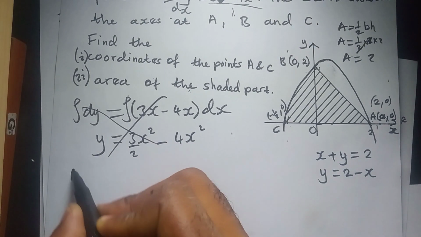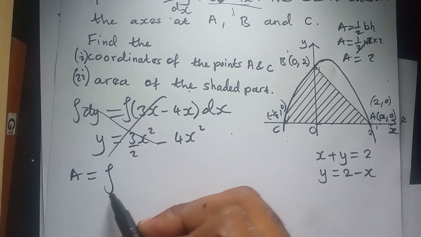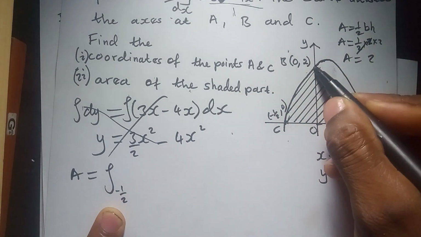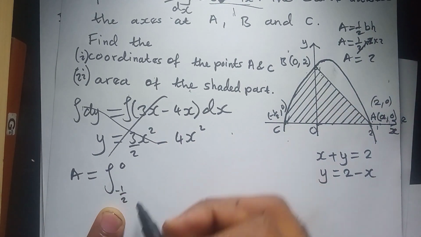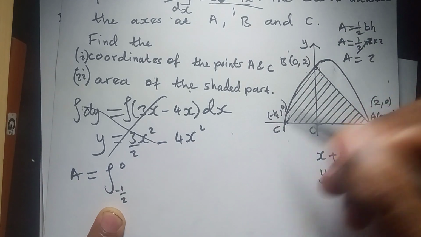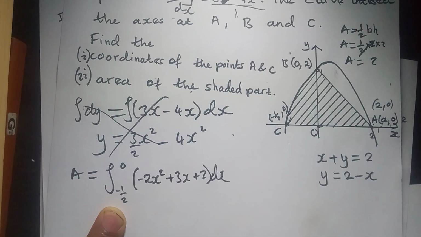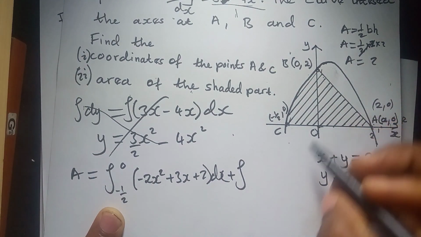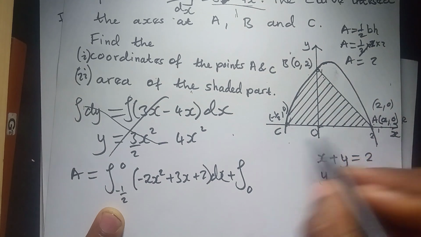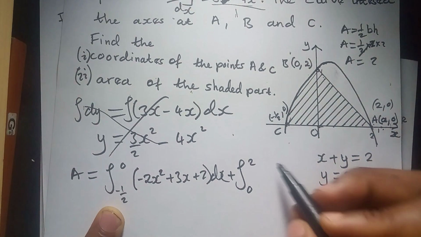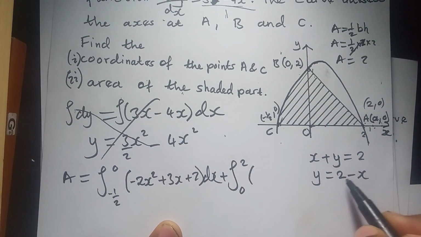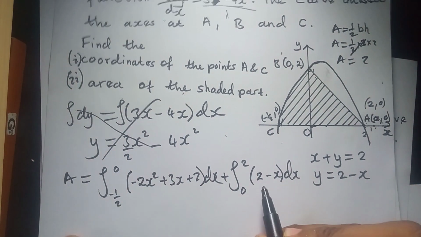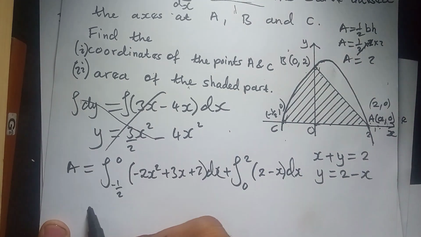So we can say area will be the integral from negative half to 0 of the curve. For the straight line, this is the equation. This is something I expect everyone to know. So from 0 to 2, the equation here is this. So we expect this one to be a 2.